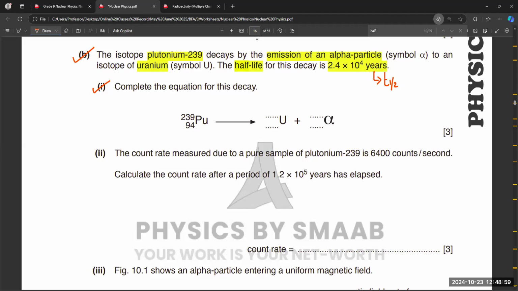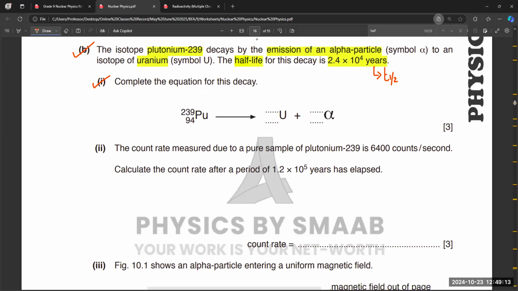Okay. So you need to complete this equation first. You can see there are blank spaces for U and alpha to write down the number of protons and number of nucleons over there. If we talk about alpha, alpha is equal to the helium atom, right? So we need to write 2 and 4.